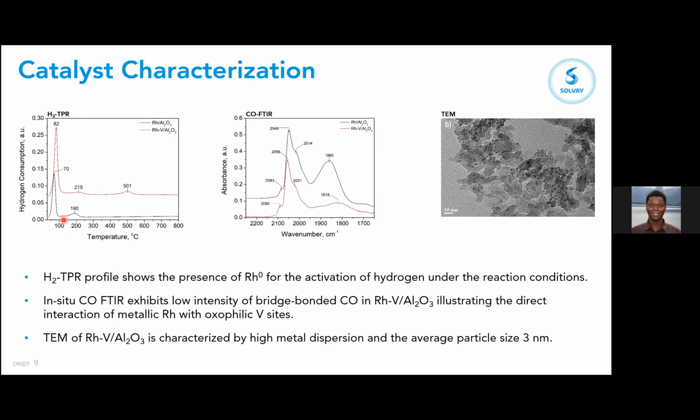So you can indeed do the reduction of the catalyst in situ at the reaction conditions. Approximately 130 degrees is sufficient to reduce the rhodium into metallic sites.